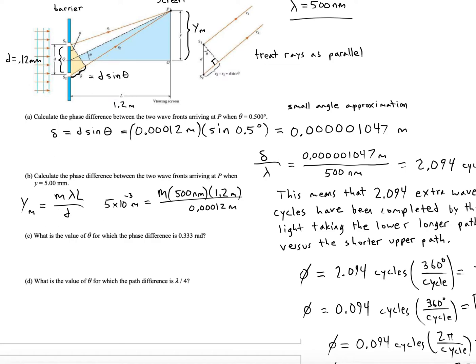Find out how many cycles have been completed. Okay, so for this, I actually get that m is 1. So 1 cycle has been completed.